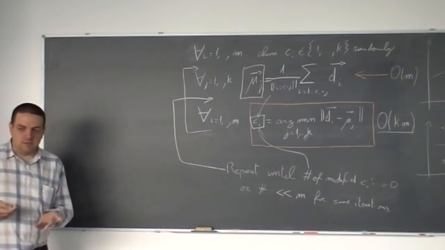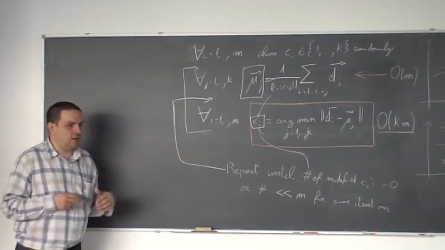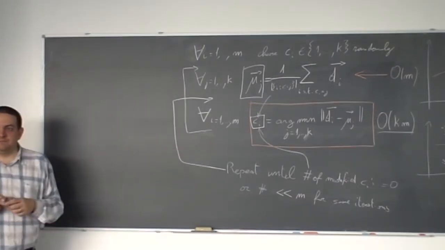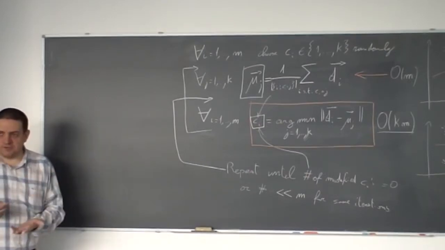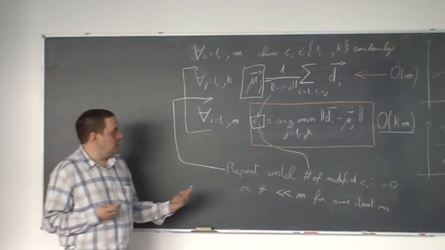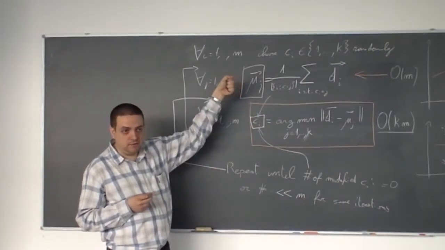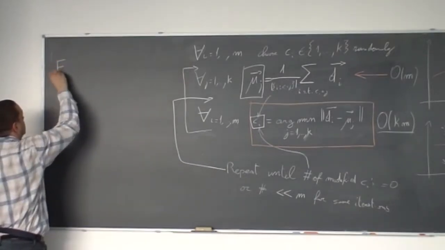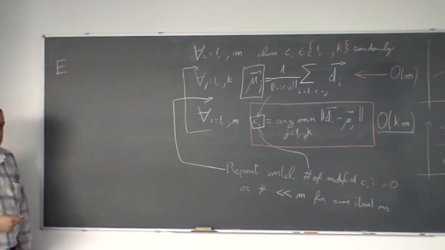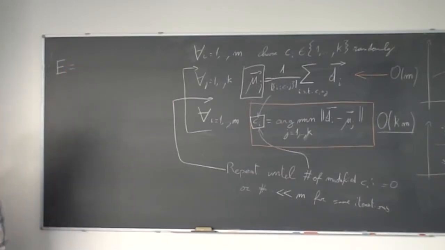How do we compute? The idea is that now we can compute an overall measure of how good the clustering that we come up with is. We can compute an error, which is the same that we defined last time.